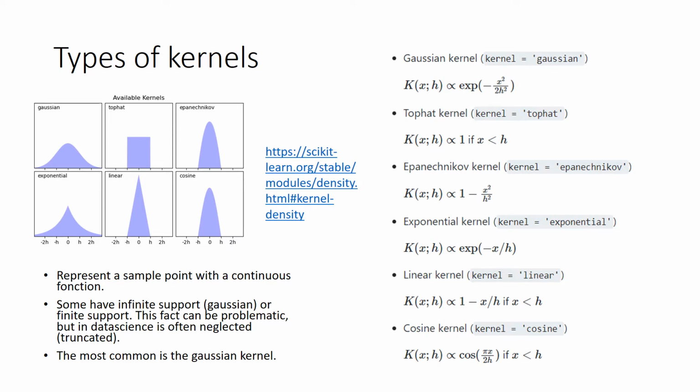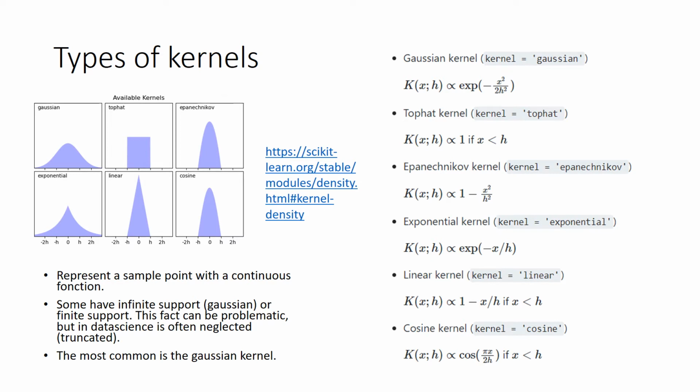You can see near the center, in the top left, the 6 distributions centered around 0, the expected value, and depending on what we want, we can represent it in multiple ways: either a Gaussian, a top hat, an Epanechnikov, exponential, linear, or cosine.